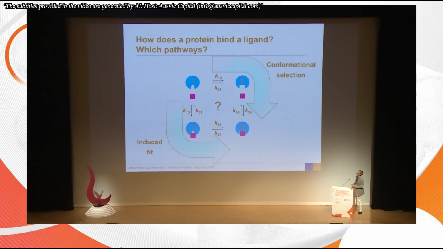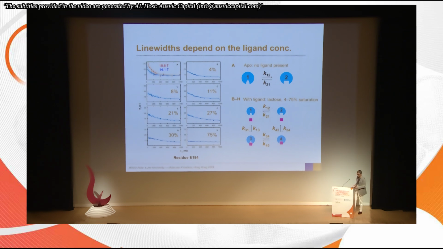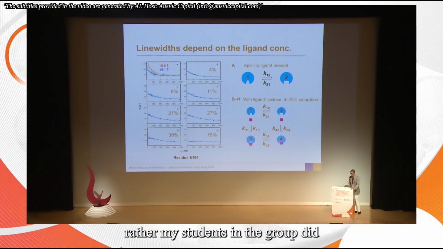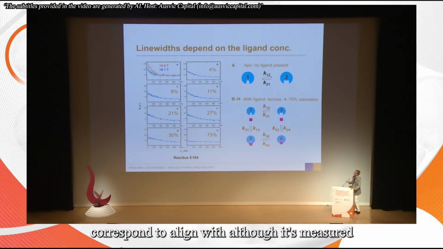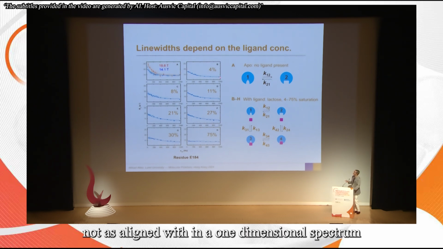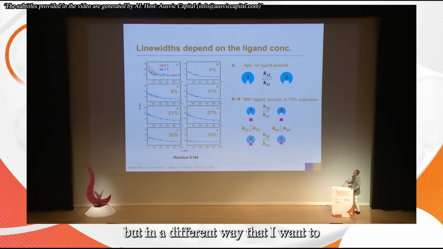Right, so back to the question, does it bind this way or that way, and how can we approach this? So what we did, or rather my students in the group did, they ran a bunch of these experiments. Now each of these dots here corresponds to a line width, although it's measured not as a line width in a one-dimensional spectrum, but in a different way that I won't bore you with at this stage.